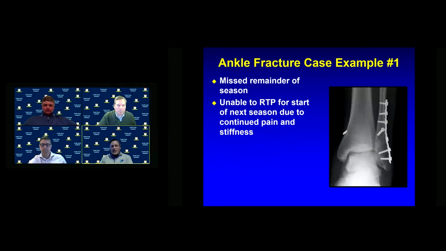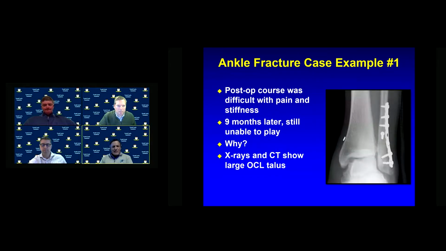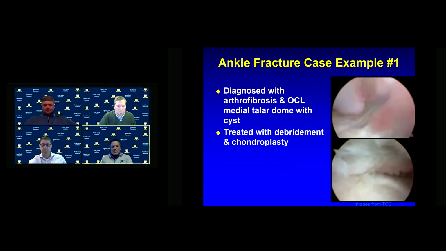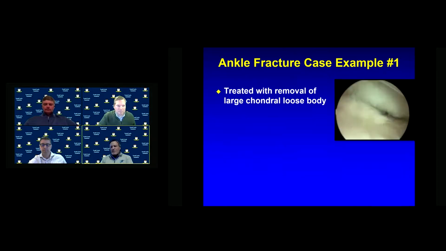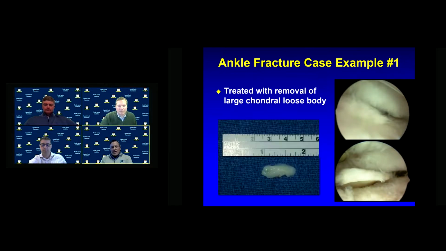So we arthroscoped his joint to start with, and his x-rays and CT showed this large osteochondral lesion with a cystic area. When I arthroscoped the joint, he had a very stiff ankle, and there was obviously some arthrofibrosis there, but he also had this huge osteochondral lesion that was sitting in the joint and had been there for a year.